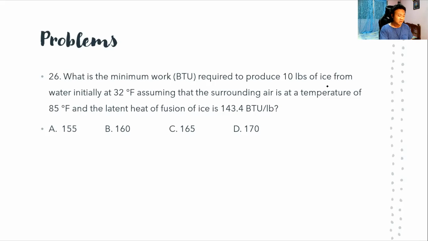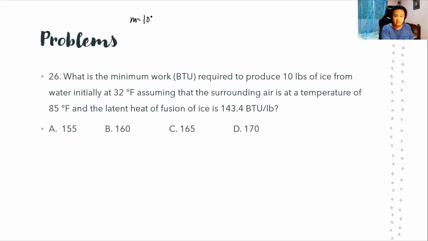So what we have to do here is just do Q is equal to m Cp delta T, and then we have to get our coefficient of performance, which is COP, and then get the minimum work. Okay? Just like that.